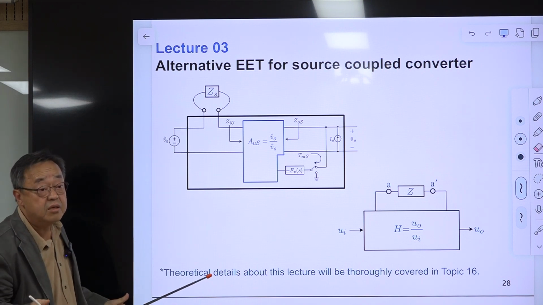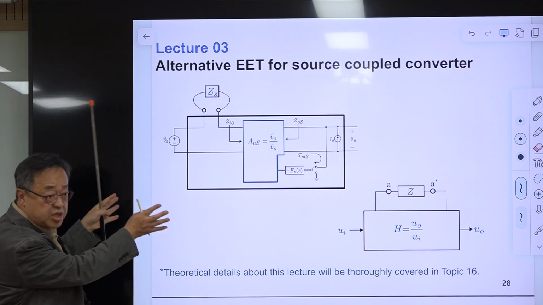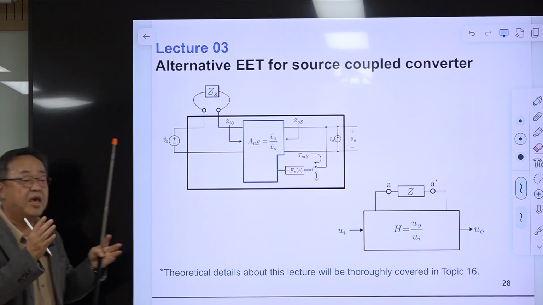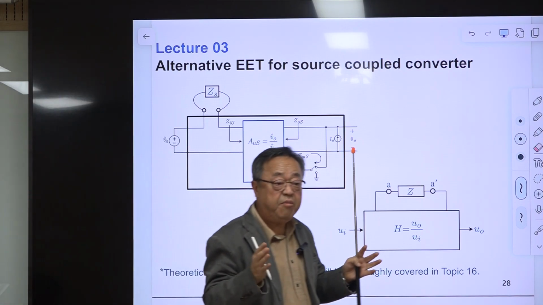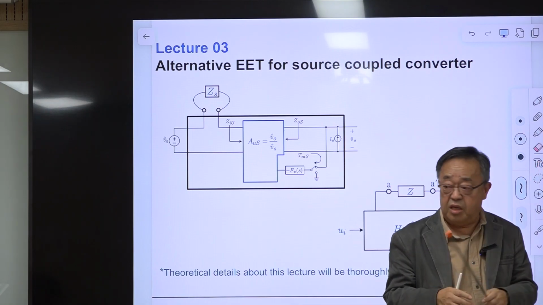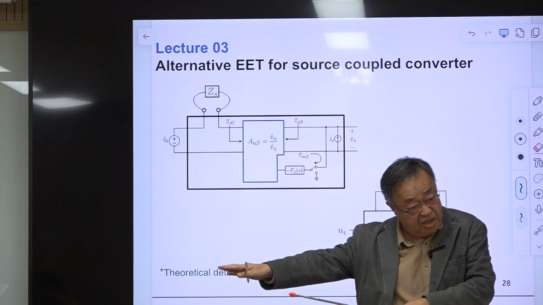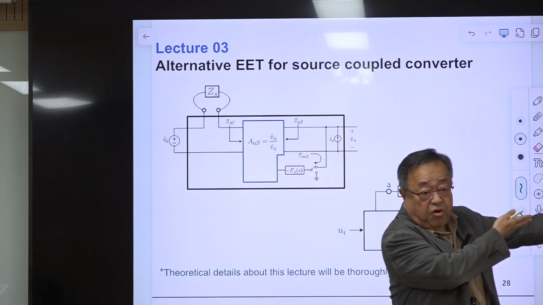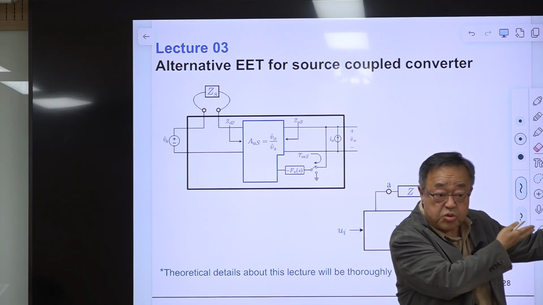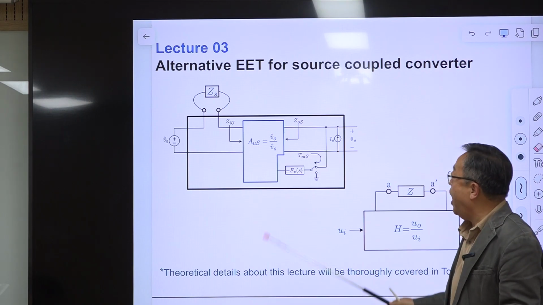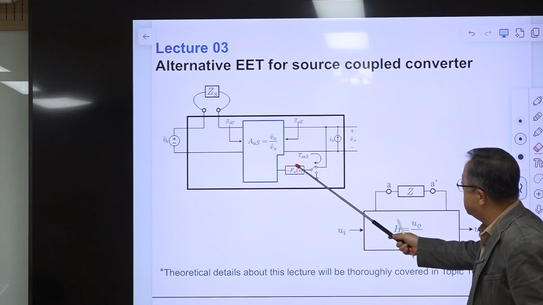The filter and upstream converter, for example any converter in the DC power distribution system, sees the load converter's load impedance, and it is also seeing the source impedance of the source subsystem. This can be any converter.